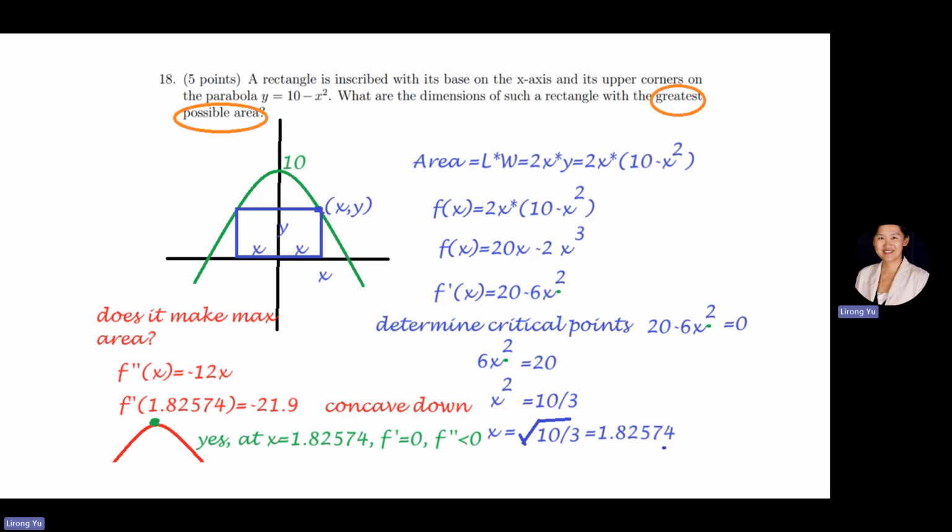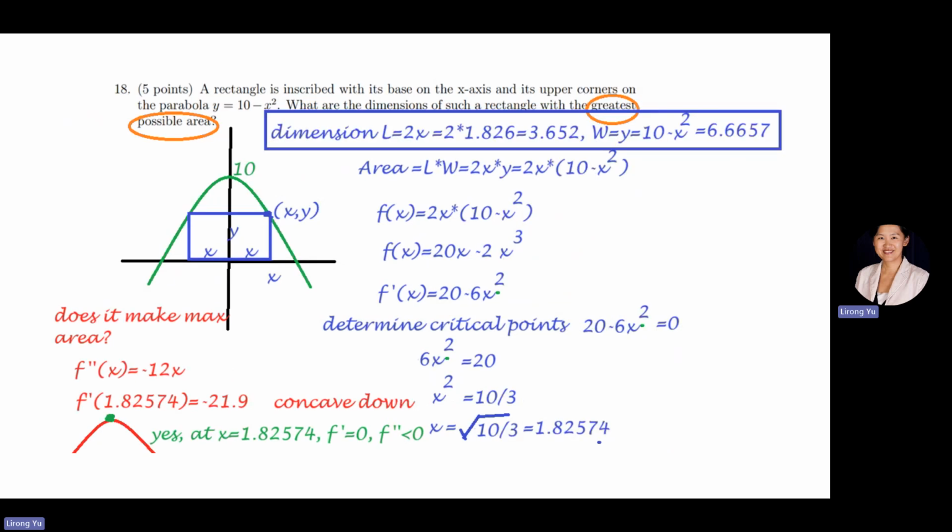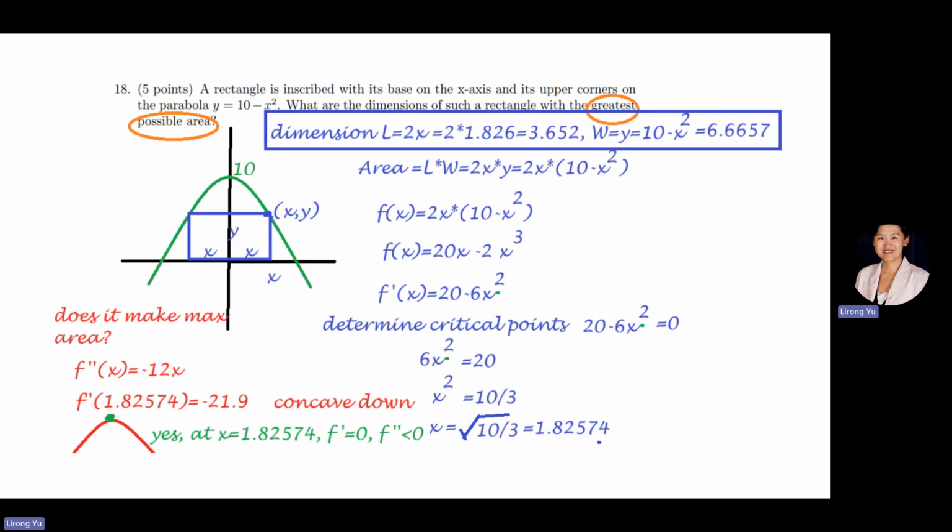Now the question asks for the dimensions. The dimensions are the length and width of the rectangle. The length is equal to 2x, so x times 2, which is 3.652.